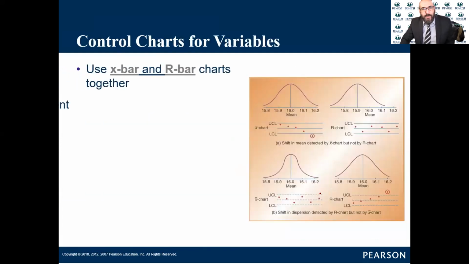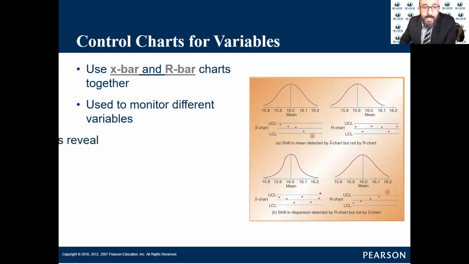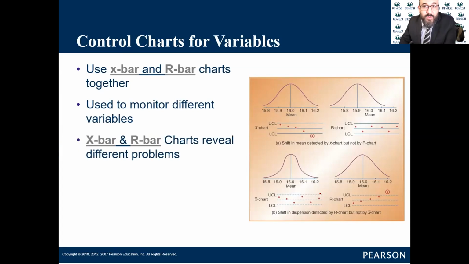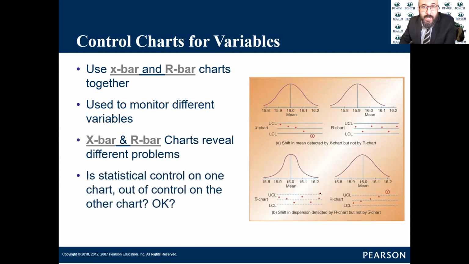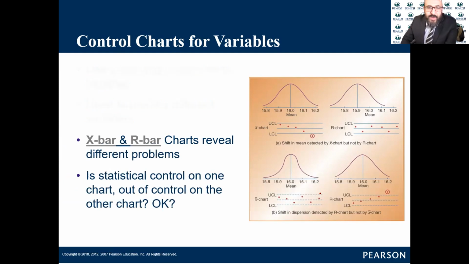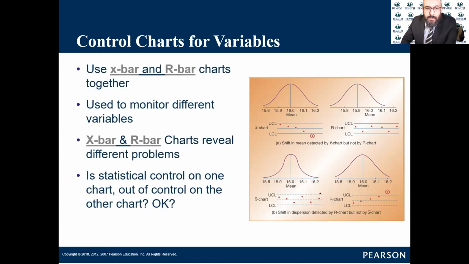All right, now we're going to start with the control charts for variables. We have two charts that we use. These are the X bar and R charts. X for the mean and R for the range. These monitor two variables. X bar and R charts reveal different problems. Is the process in statistical control on one chart but out of control on the other?